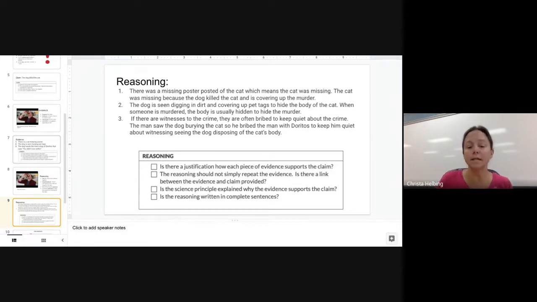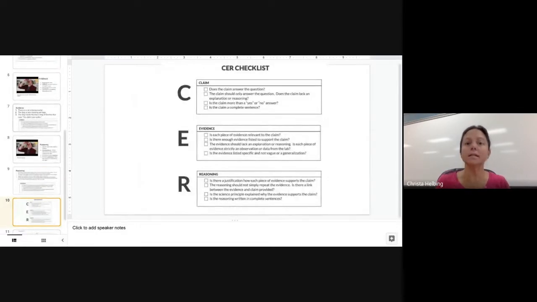So you can see here that our CER, claim evidence reasoning: the claim is the statement, they're complete sentences, there's no I think statements, there's no yes, no answer. The evidence is what do we see, what observations are there, what facts are there for you to state your claim, and then again the reasoning links those two together.